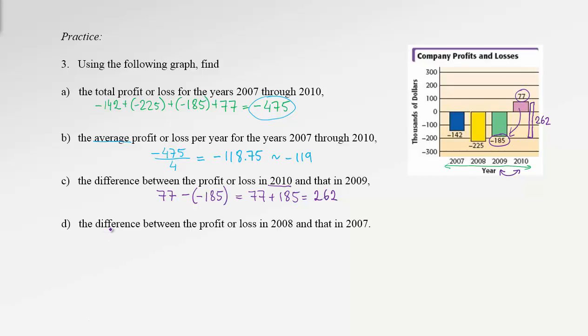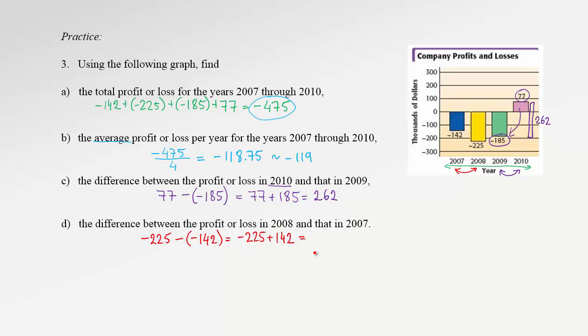So the company improved over those years by $262,000. Finally, we need to find the difference between the profit or loss in 2008 and 2007, which means between these 2 years. We start with the last year and subtract whatever the result was in the first year. So negative 225, subtract the result, so make sure to open the bracket, negative 142, which equals minus 225 plus 142.